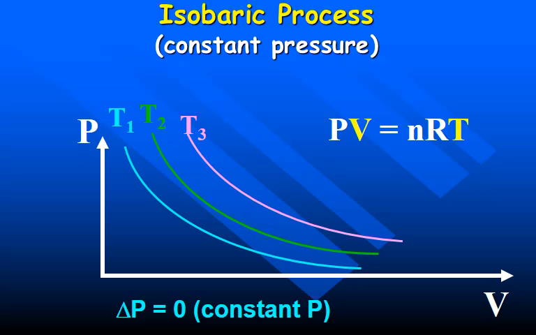Now, an isobaric process is where you have a constant pressure. So in this case, let's take a look at an example. Let's say we have constant pressure here, but in this case the volume is increasing, right? So from here to here, the volume is increasing, pressure is staying the same.